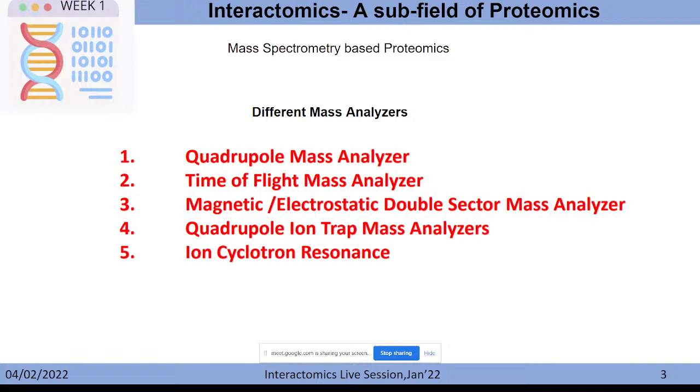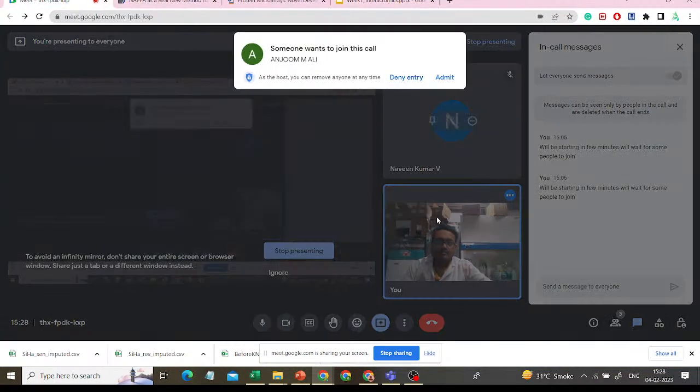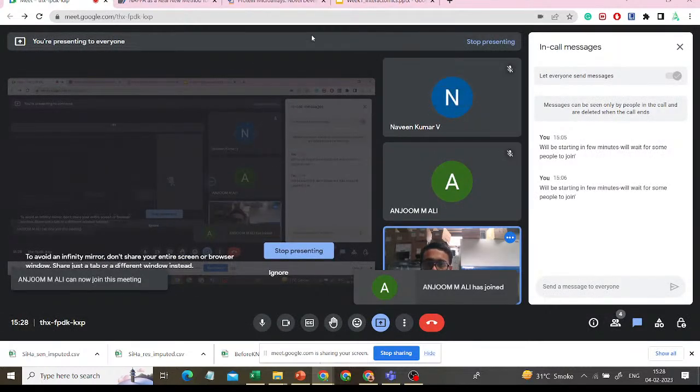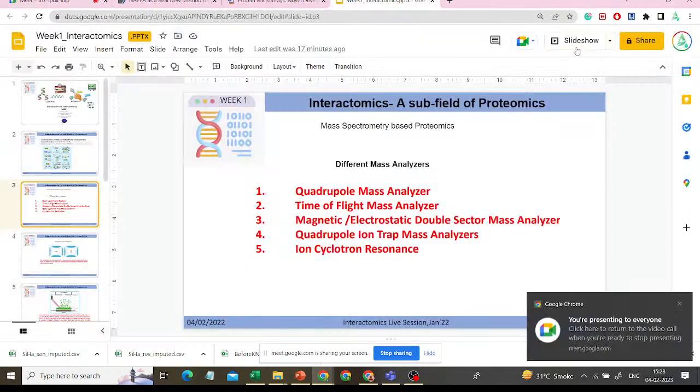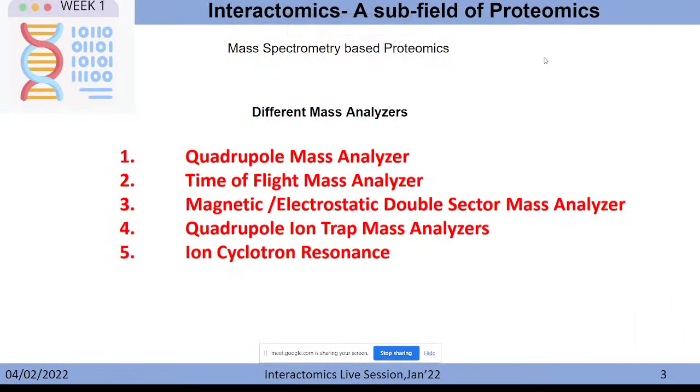Today, different mass analyzers are present that help you detect all those ions of the molecules.